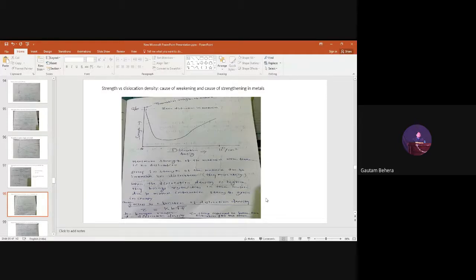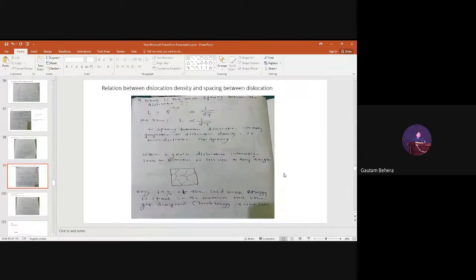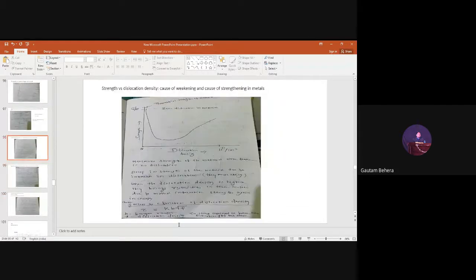So if you have a heavily cold worked metal, the shear stress required will be more, so that dislocations can cross past each other. Obviously more, because there is a direct relationship here. You understand, b is the Burgers vector, k is a constant, and rho is the dislocation density.